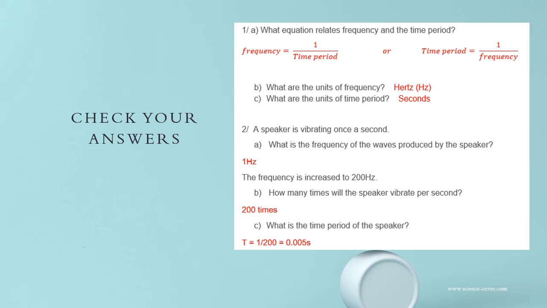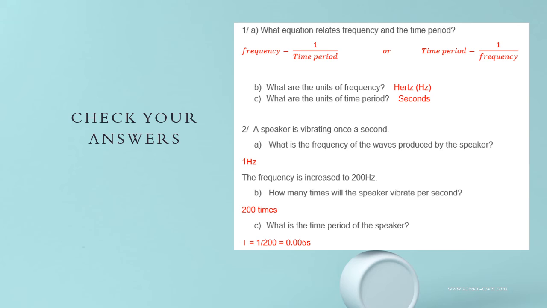A speaker is vibrating once a second. What is the frequency of waves produced by the speaker? That'll be 1 Hertz. The frequency is increased to 200 Hertz. How many times does the speaker vibrate per second? 200 times. What is the time period of the speaker? To find the time period, we do 1 divided by the frequency.